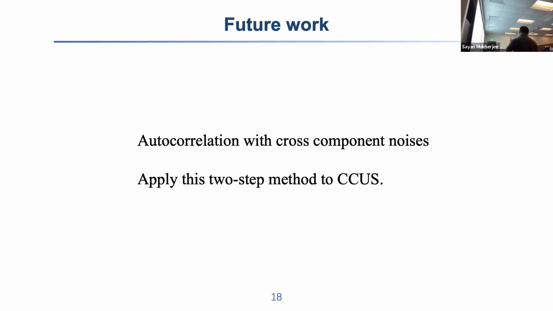And one more thing in the future work. We have to do some work using autocorrelation with the cross components, like autocorrelating the N component with E or with N. There are also lots of interesting phenomena, and later we will do some theory analysis for that. So if you want to see the future work, come here again next year.